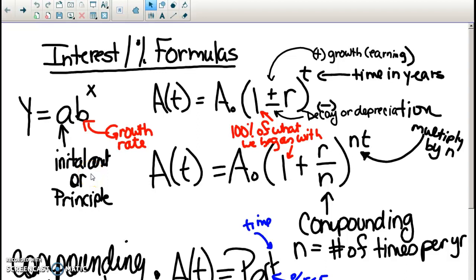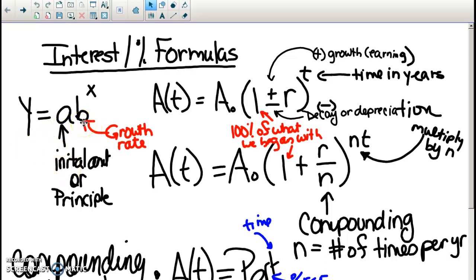Hi, everybody. This is lesson 13 from Unit 4, Exponential and Logarithmic Functions. So what we have right now is the interest formulas that you're supposed to know. I put them, this is the original one, your initial amount or your principal.